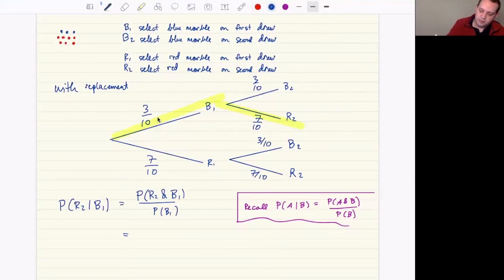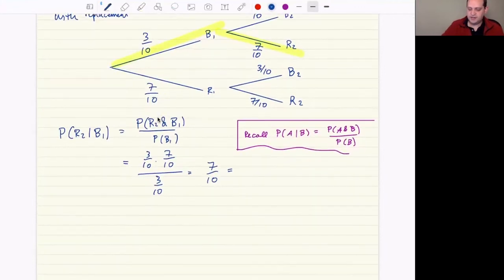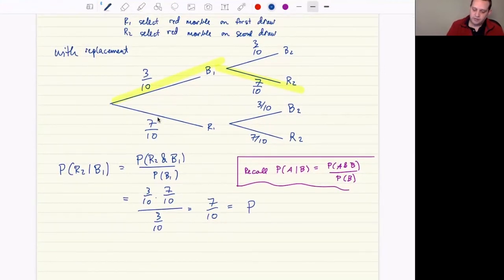So that's going to end up being 3/10 times 7/10, and then divided by the probability of B1. The probability of B1 was 3/10, and so we're left with 7/10. And I want you to notice that that 7/10 is actually just the probability of R2 given B1.